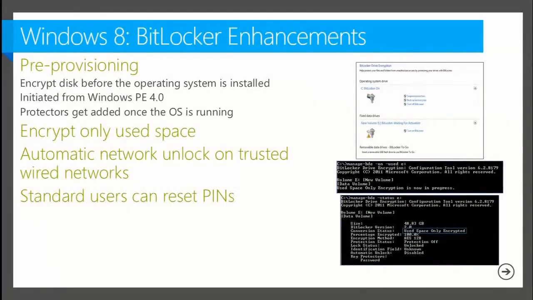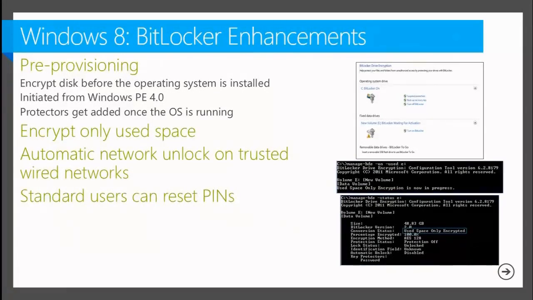And in that case, you can set up the protectors to do, well, maybe just don't prompt for a PIN. But if the machine is on an untrusted network, maybe you plug it in at your local coffee shop, then it can prompt to enter your BitLocker PIN before the machine is allowed to boot. So that's a new feature that's been added.